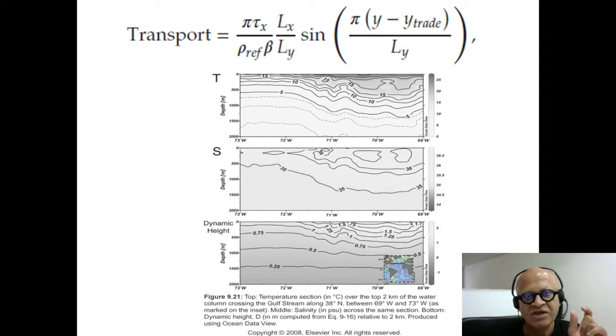But the western boundary is narrow. It's got a certain scale, let's say of the order of a kilometer, and we have to balance the mass by squeezing all the interior transport into this narrow western boundary.